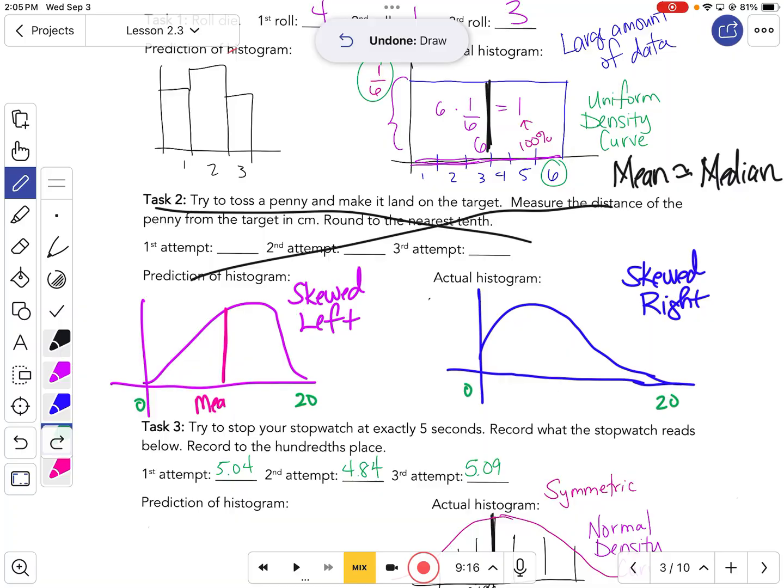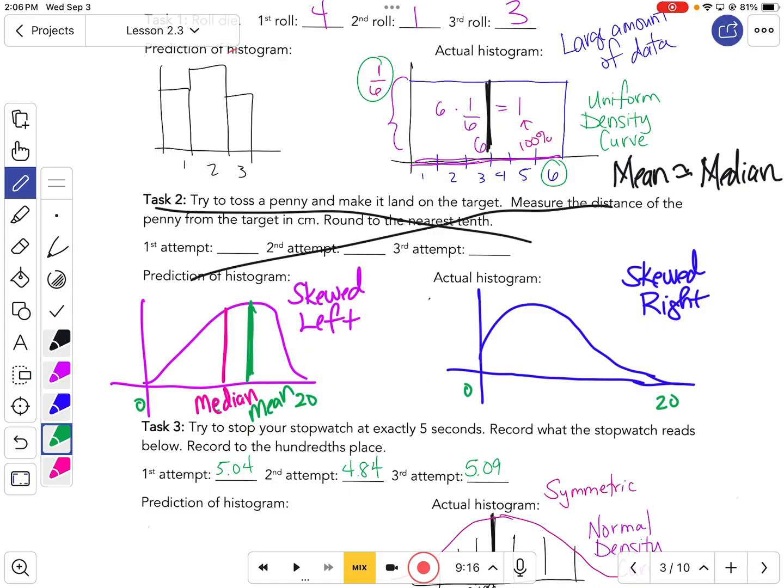I always say that backwards. And then my mean. So if I'm skewed to the left, median comes first, median and then mean. If it's skewed to the right, we reverse that. Did I say that right?